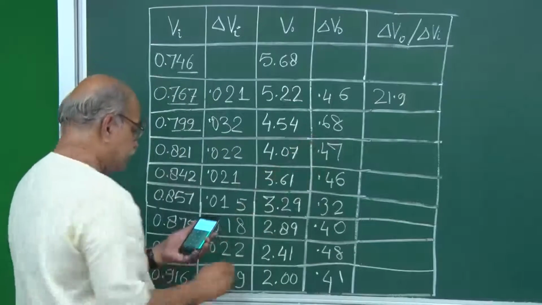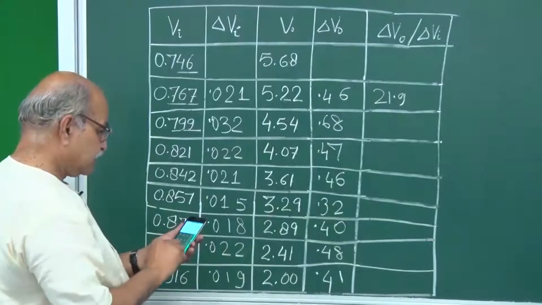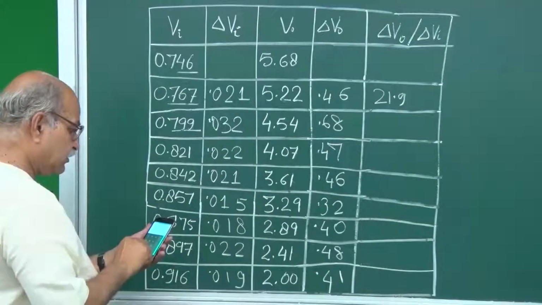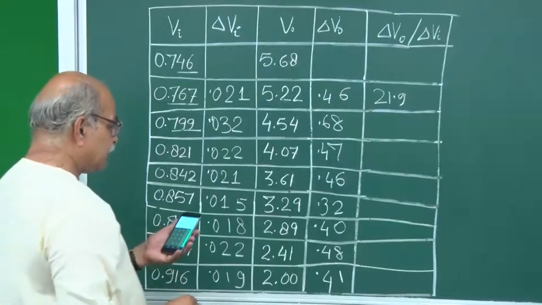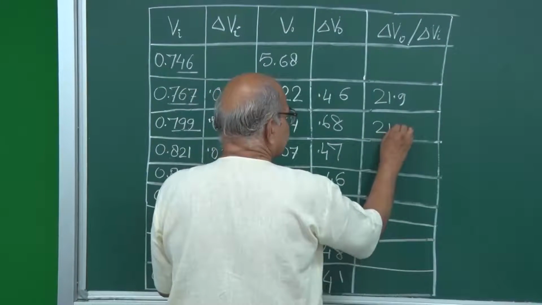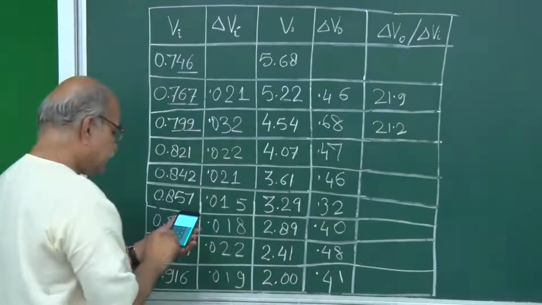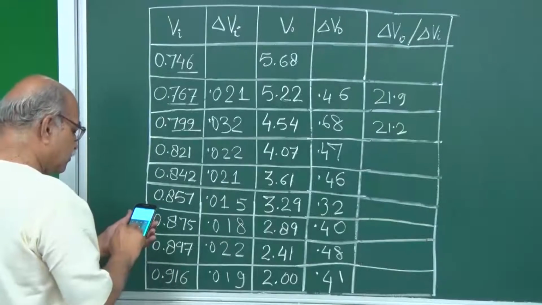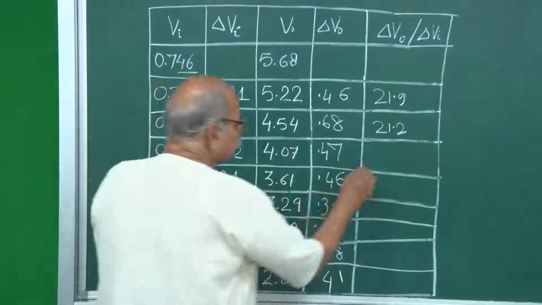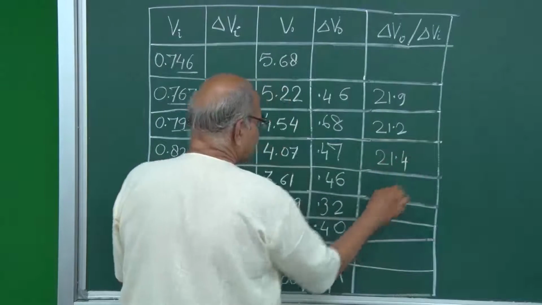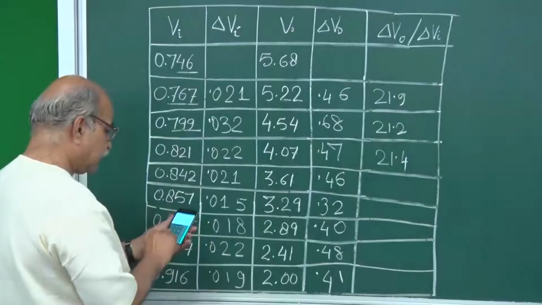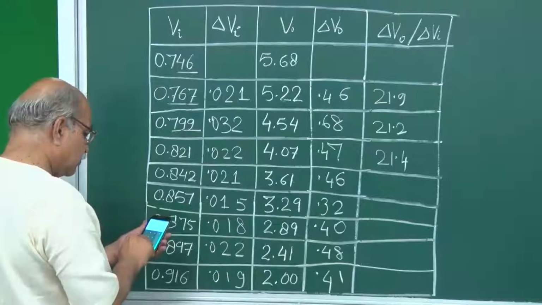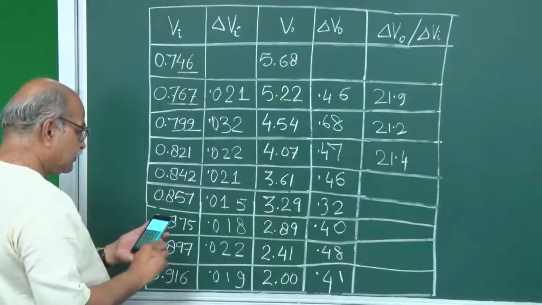Then 0.68 divided by 0.032 turns out to be 21.2. Then 0.47 divided by 0.022 is 21.4. Then 0.46 divided by 0.021 is 21.9.